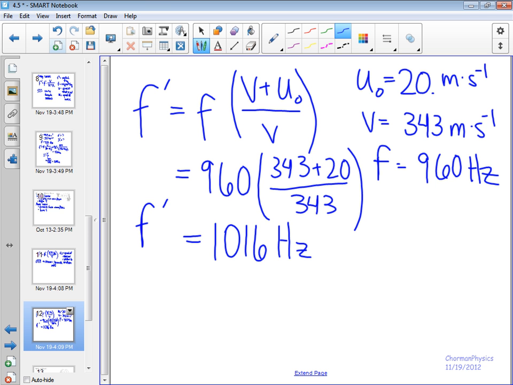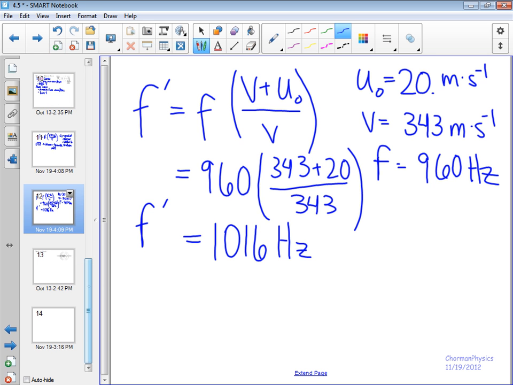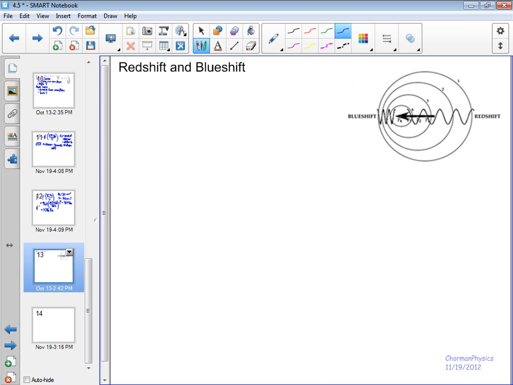So the last piece of this is going to be the Doppler effect as it deals with electromagnetic radiation. We're not studying relativity, and when we're dealing with the Doppler effect and electromagnetic radiation, you need relativity to properly derive the formula. So instead we just have an approximation.